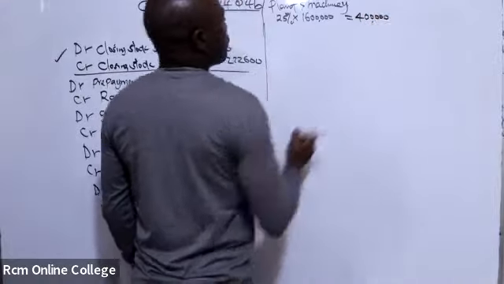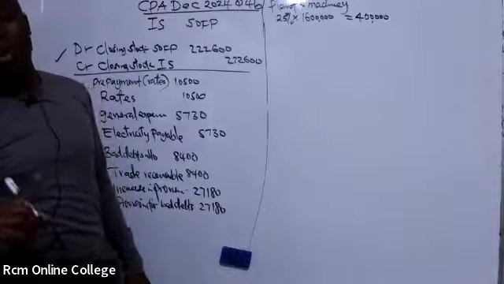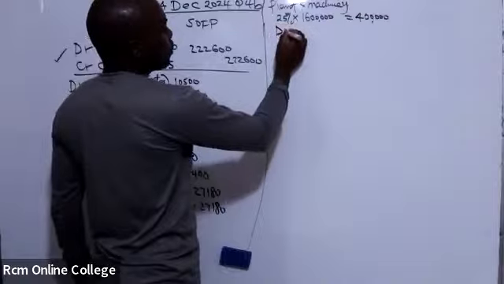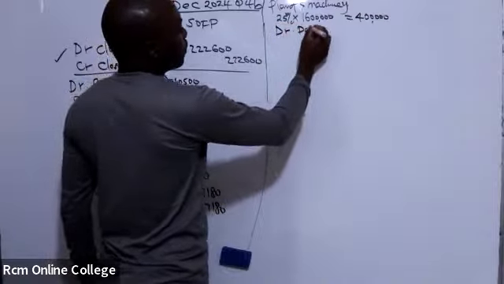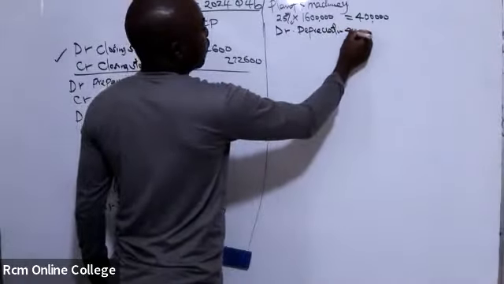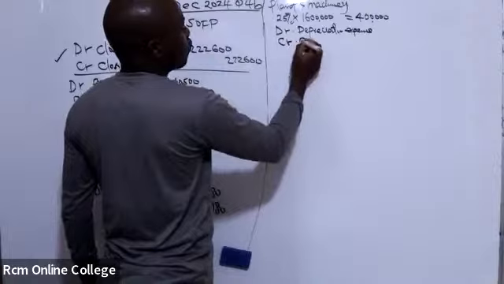Right? Good. Now, once we have the depreciation, how do we account for that? How do we journalize it? This is the secret. We debit depreciation expense account. Then we credit provision or accumulated.